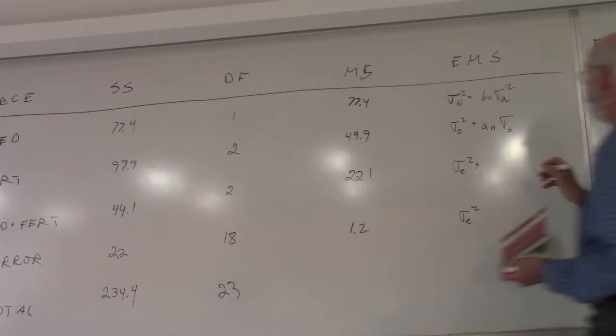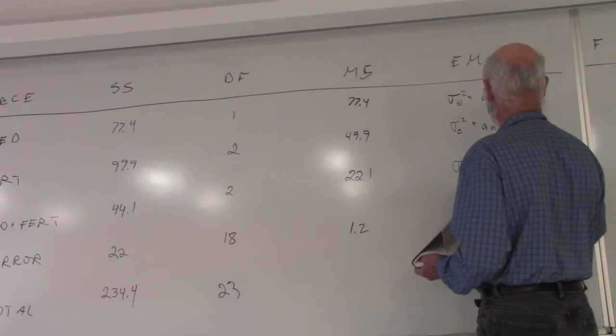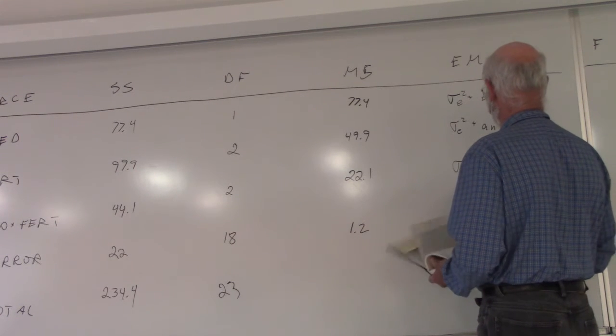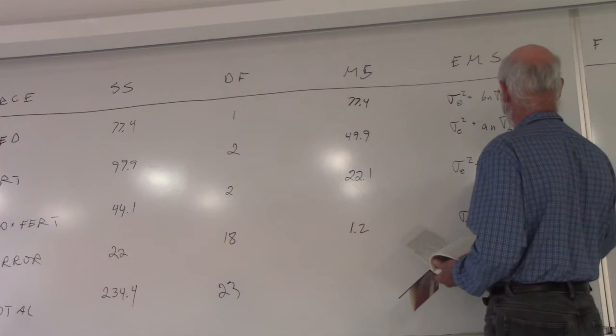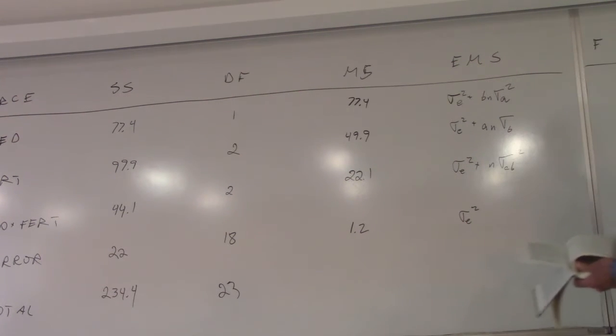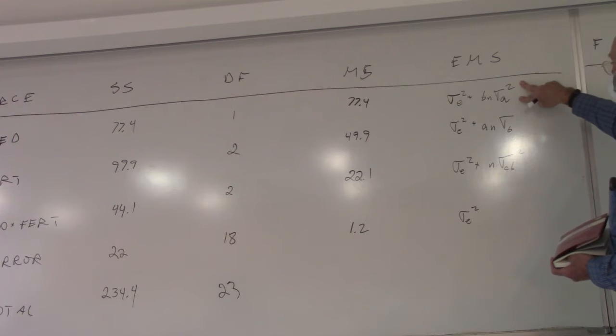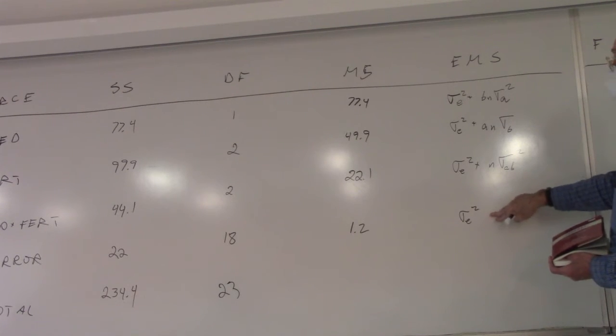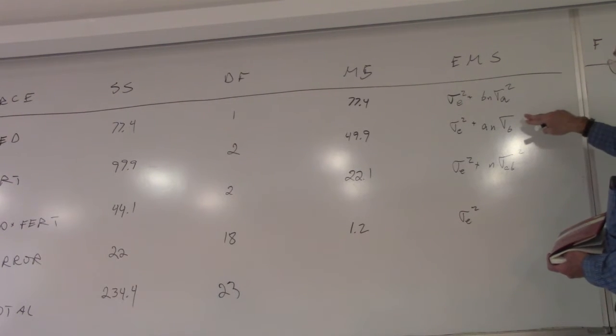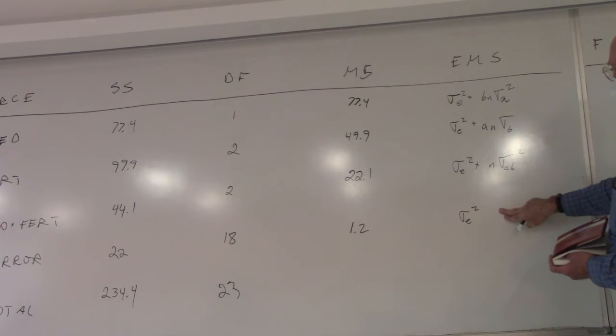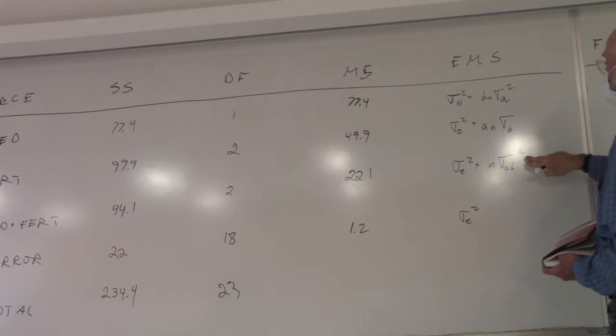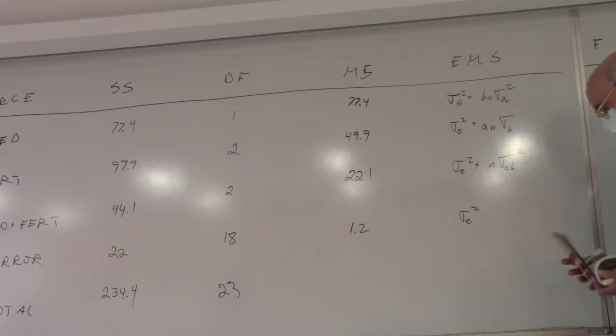That should be just n sigma A B squared. Okay? So then the F test for seed type is this divided by that. The F test for fertilizer is that divided by that. The F test for the interaction term is that divided by that.